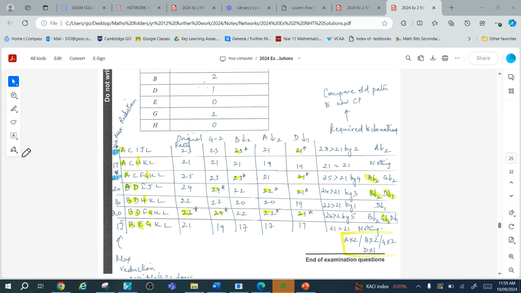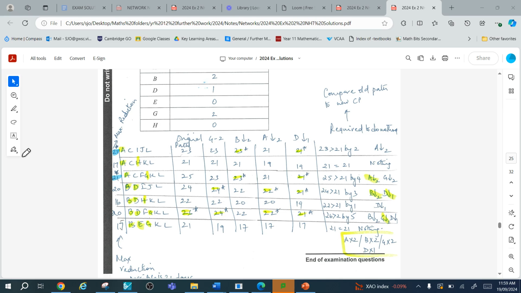On this path, 26 is greater than 21 by 5, and we can crash B, D, and G. So we crash B by 2 because we've crashed B before, G by 2 because we've crashed G before, and D by 1, which keeps it common with a previously crashed path.